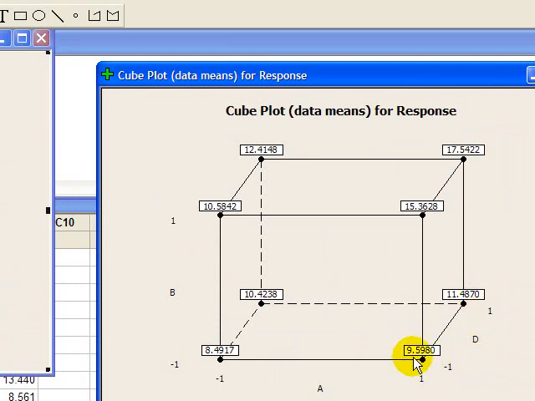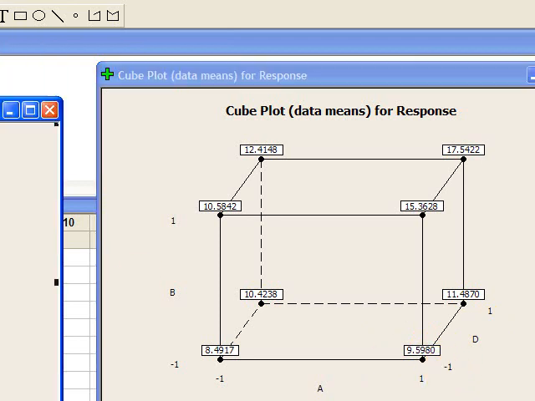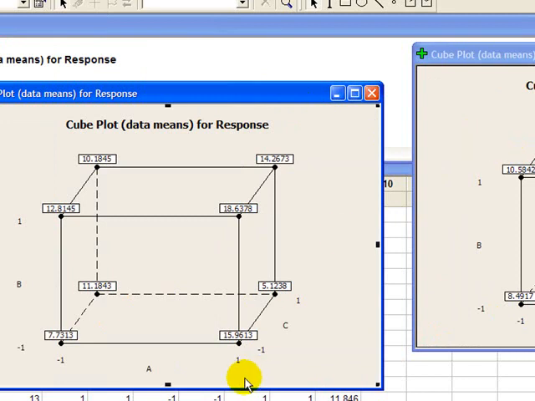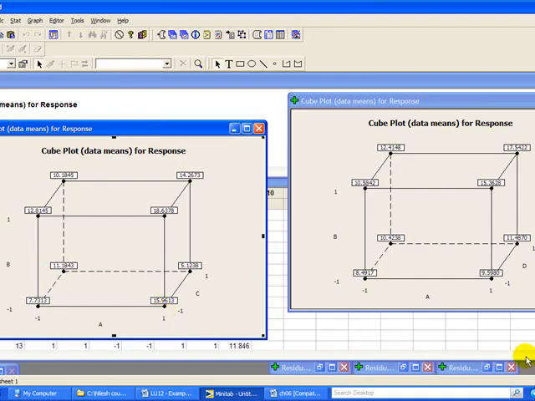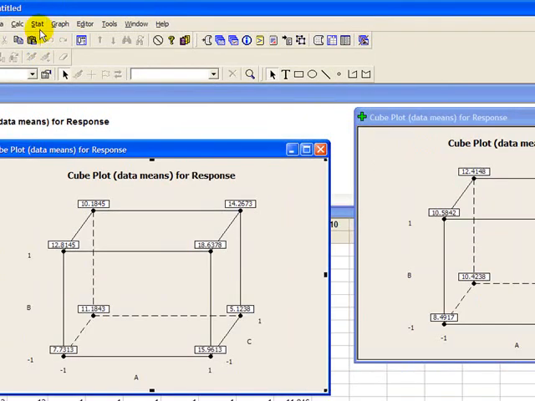Now for D, this is the next lowest value, which is 9.598, and at this value D is -1, which is the low value of D. So from these two cube plots I can say that factors A and C should be at high level and factors B and D should be at low level.